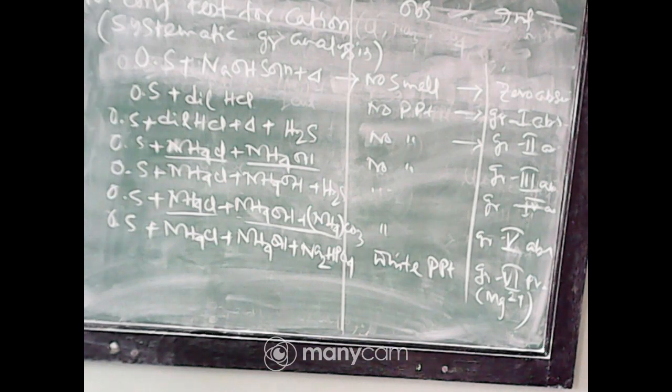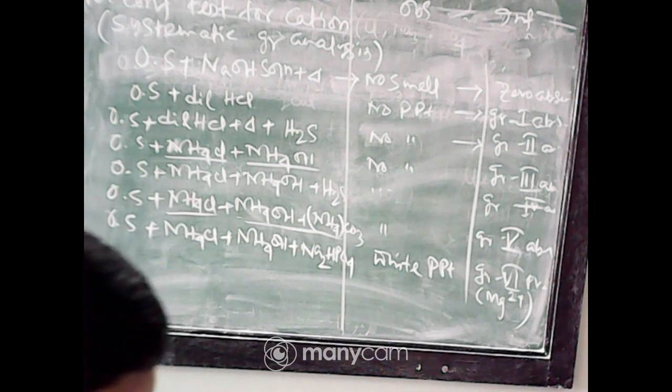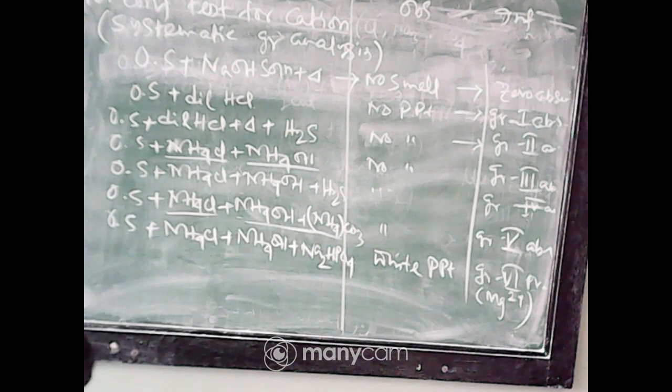I am telling you to move on to the page where this analysis is given. Suppose one group 5 cation is present.